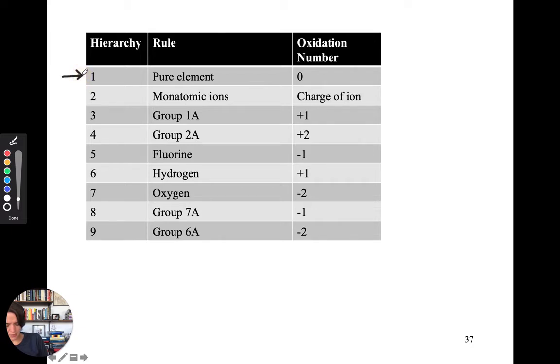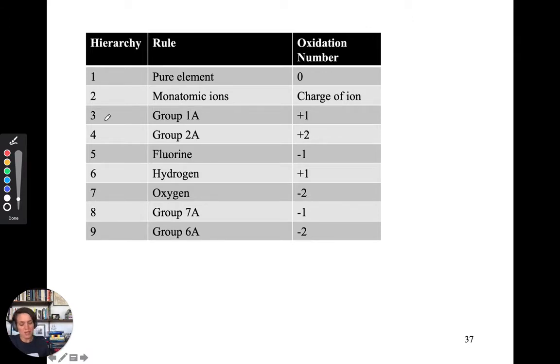It takes precedence over rule 2, rule 3, rule 4, rule 5, right? All of these are subject to rule 1 first. So rule 3 is more important than 4, 5, 6, 7, 8, 9. So it doesn't matter that group 6A normally has an oxidation state of -2 if it gets trumped by a higher rule.